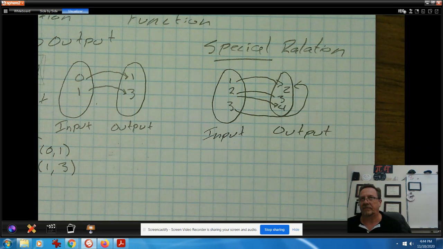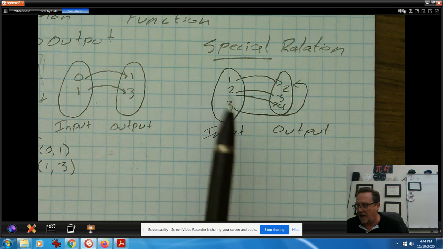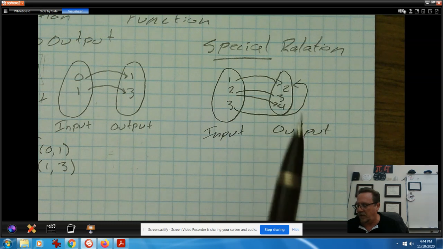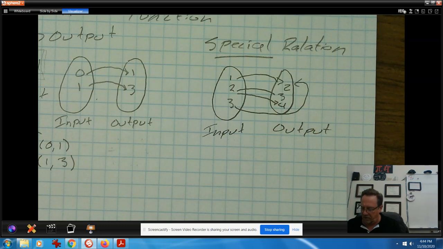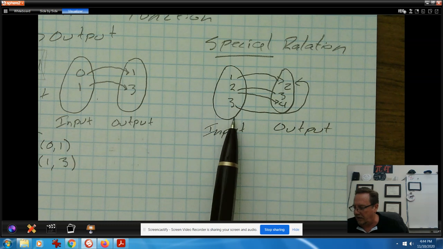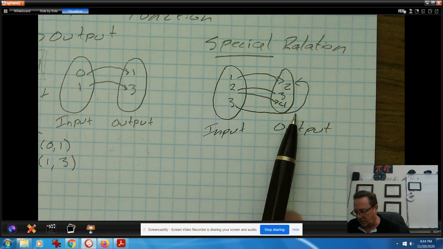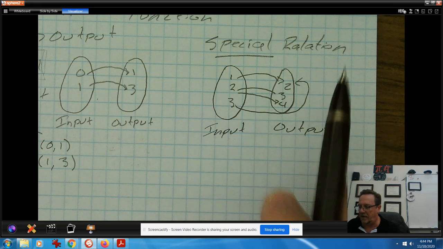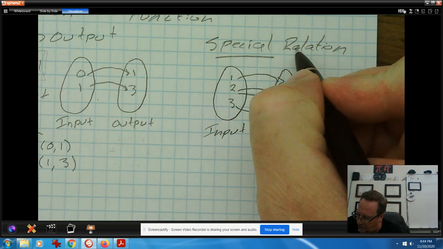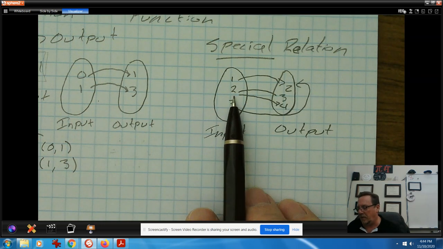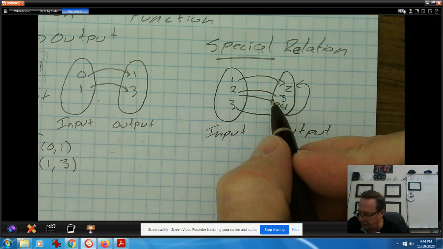That's a weird looking relation. But notice the number 2 is being mapped not only to 3, but it's also being mapped to 4. I said before that in a function, each input value needs to have one and only one output that it gets mapped to. So this breaks that rule. And therefore, while it's still a relation, it's not a function. In a function, each input can only be mapped to one output.